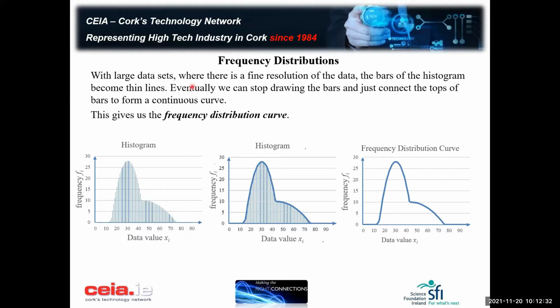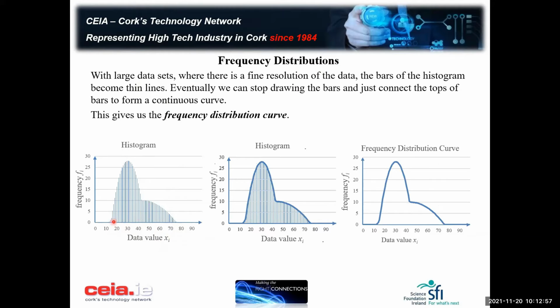Now, in statistics, we normally work with large data sets. With a larger data set, you'll see many more of these bars in a bar chart. It could run into thousands or even millions. And as the number gets greater, you see these bars getting thinner and closer together. When that happens, you tend not to use a histogram anymore.